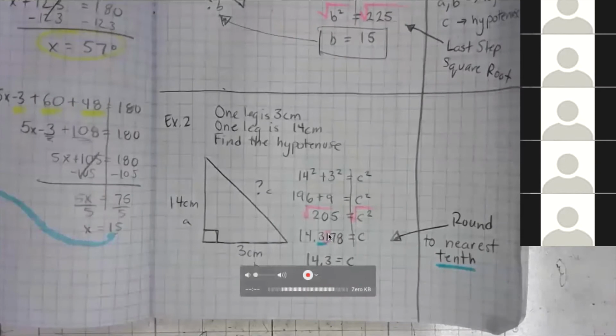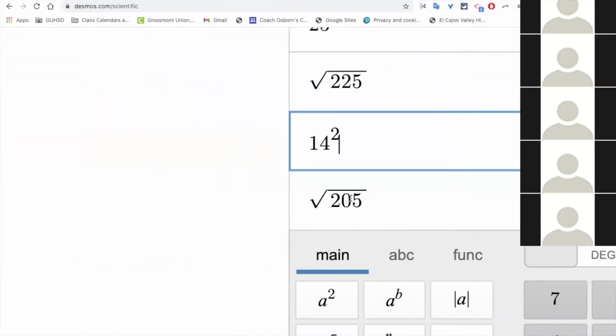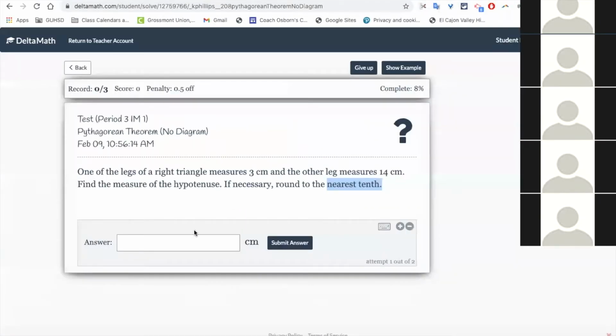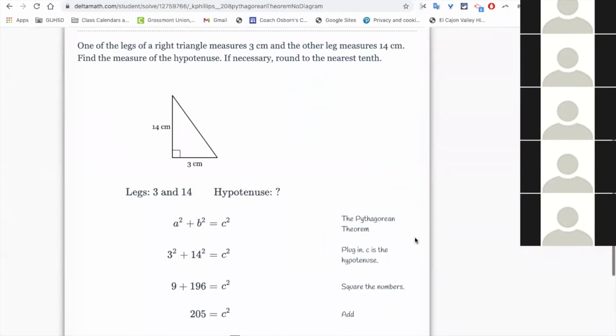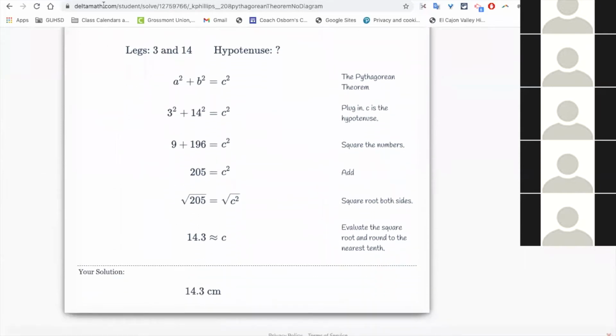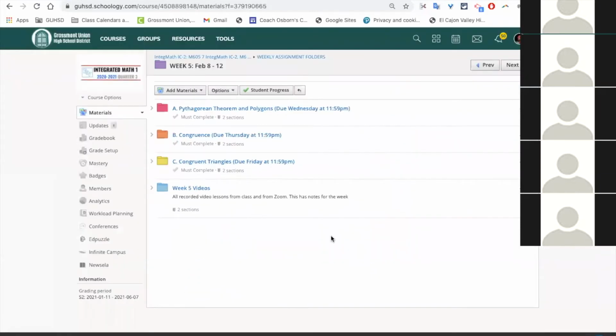Okay, so if the 1 were a 5 or a 6 or a 7 or an 8 or a 9, then you would change that 3 to increase it by 1 to a 4. Okay, so here this would be 14.3. See if we got it right. It is correct. Okay. All right, so now that's Pythagorean theorem.